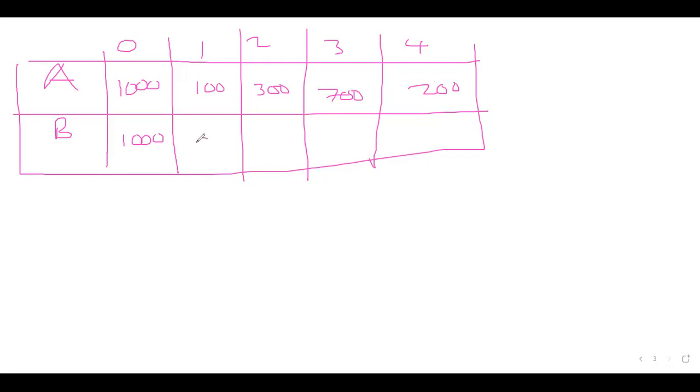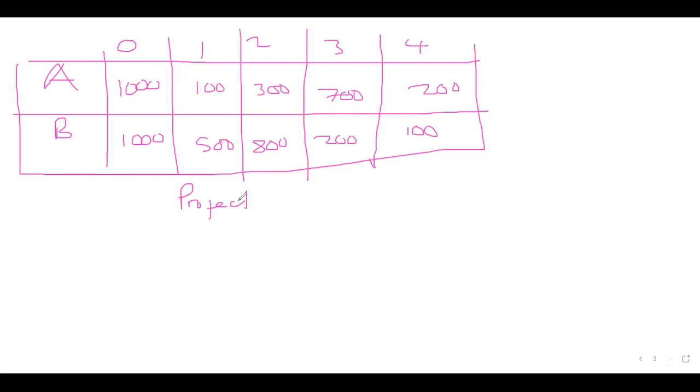Maybe here we have 500, we have 800, we have 200, we have 100. So we want to use what we call the payback period to calculate how long it will take for us to recover our initial investment of 1,000 for project A and project B. So let's start with project A.